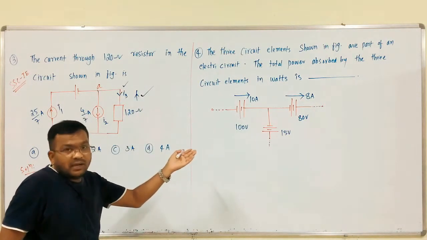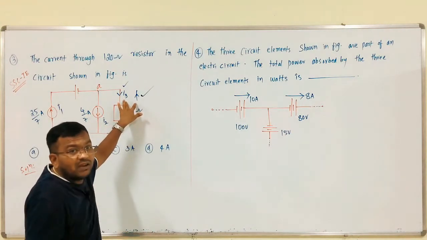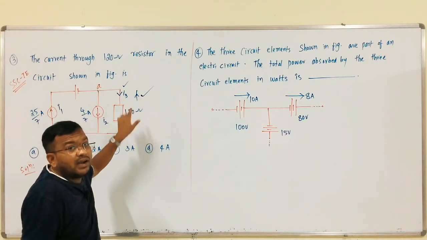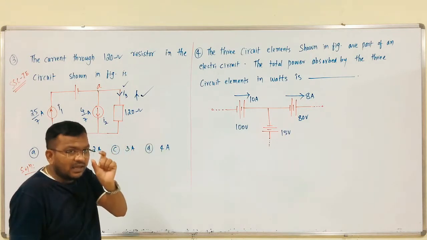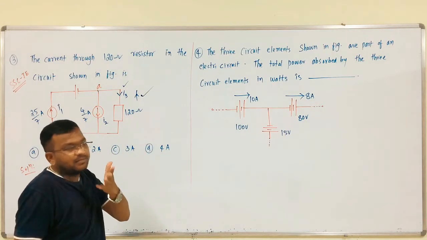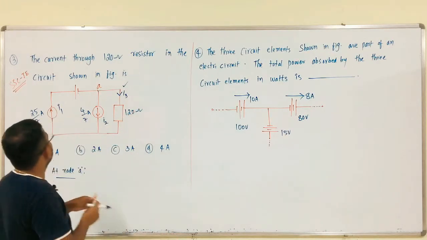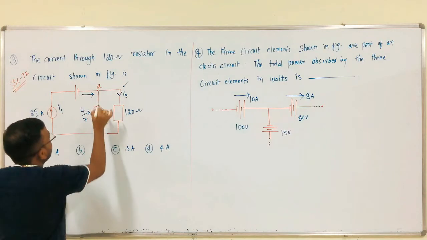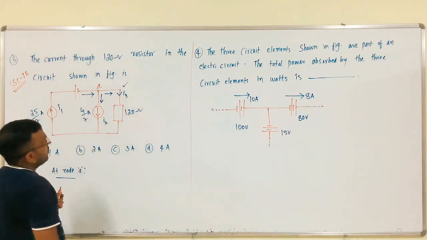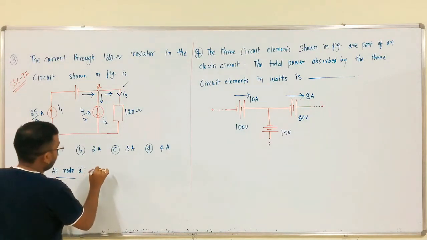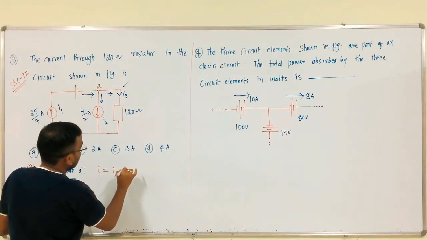From the previous problem, we concluded that whatever may be the current direction, it could not influence the magnitude of current through this branch. Here I3 is leaving. So, at this node I1 is entering, I2 is leaving, I3 is also leaving. So I1 is entering, which equals I2 plus I3.